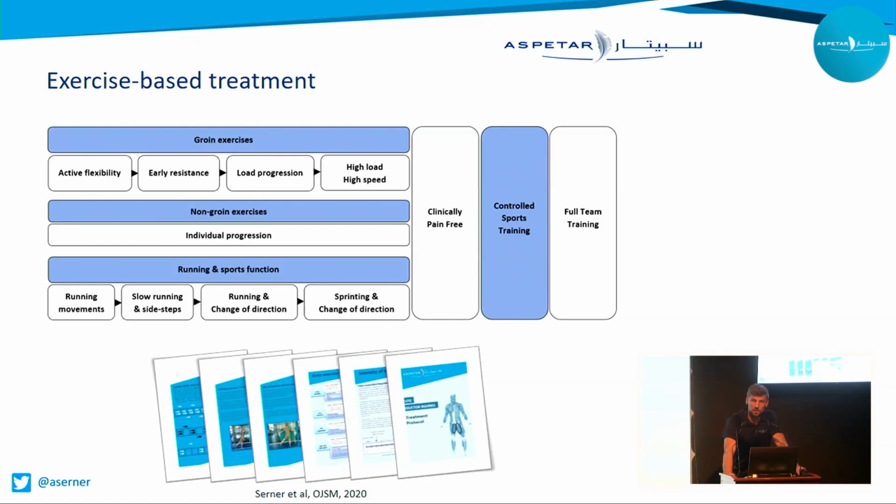We had a study out at the beginning of the year with our protocol, where we block the groin exercises on one day and non-groin exercises on the other day, focusing more on the posterior chain muscles, but then with a running and sports function progression from the early stages.